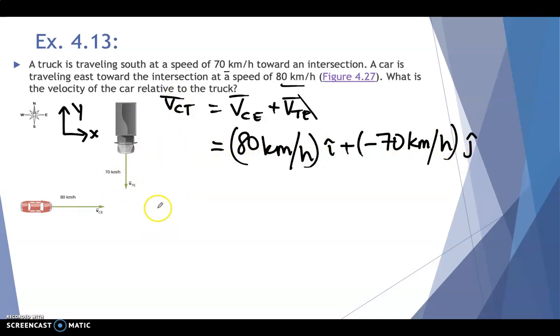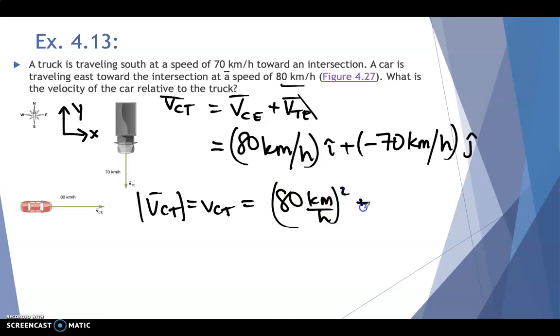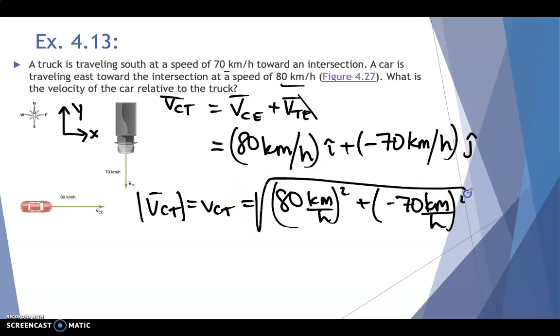Now if I want my velocity of the car as a magnitude, I will take these 2 and square them, and add them, and take the square root, just like our other vector problems.